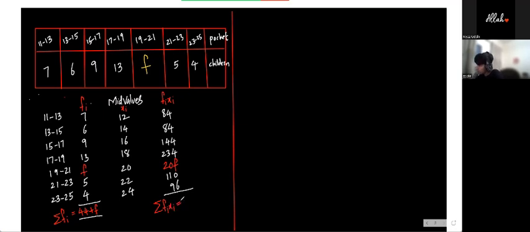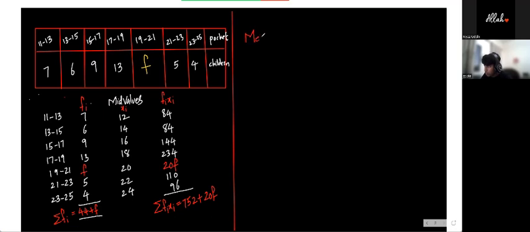Except that 20f, we have to add the remaining values. So 752 we are getting, plus 20f. We'll check it later on.